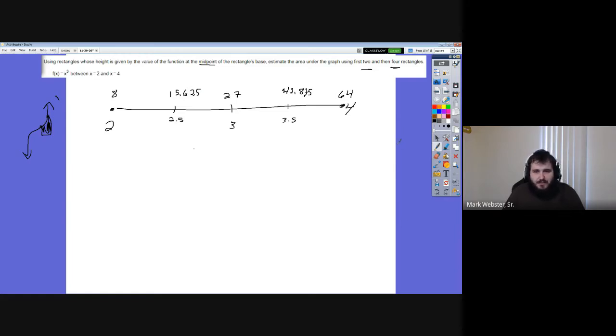We already have our 4 rectangles here, here, here, and here. So we know each of them, the width is 0.5. Now we need to find the height. Well, it's just what's halfway in between, right? Well, what's halfway between 2 and 2.5? 2.25. Well, what's the y value for that?